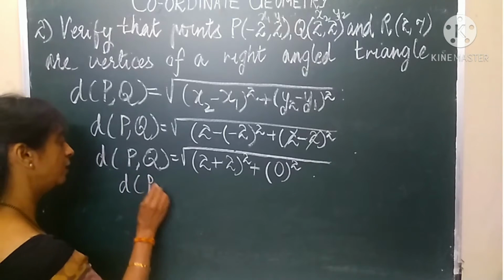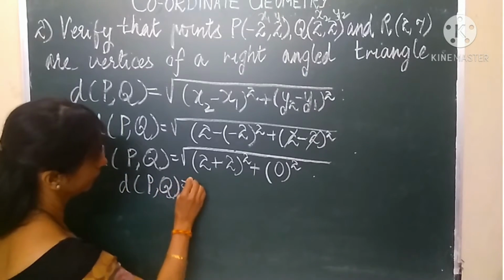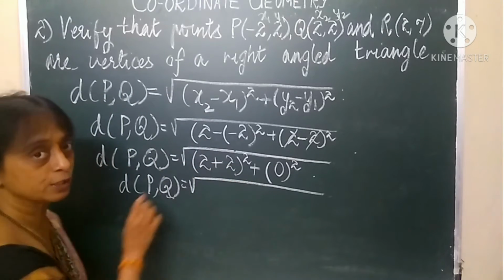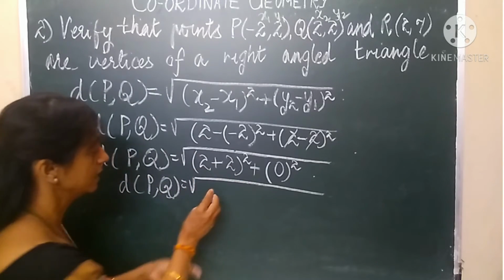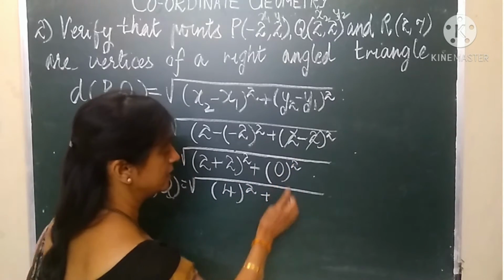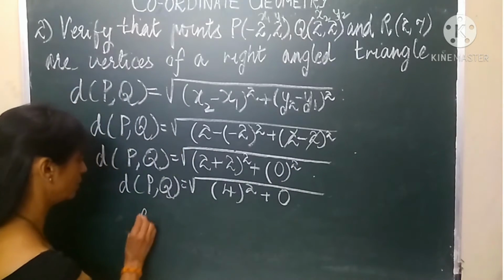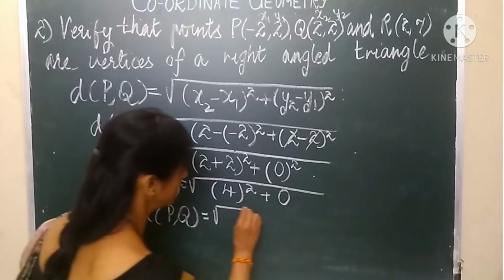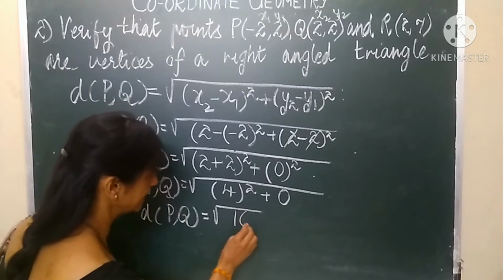Thus distance PQ will be equal to square root of 2 plus 2, the first term we are finding out, is equal to 4 the whole square plus 0 square is 0. So distance PQ is equal to just 4 square, that is 16.